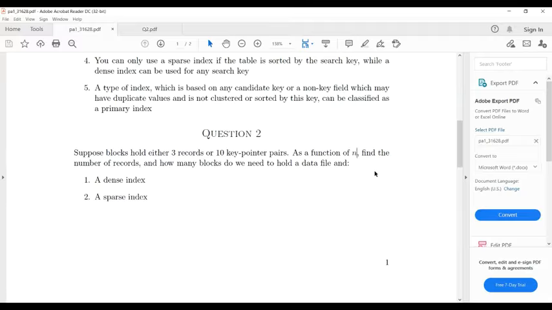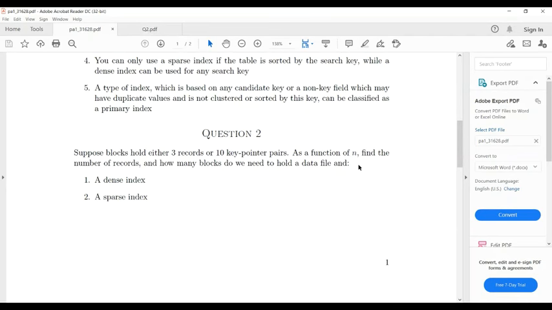How? Consider that the total number of records n is equal to 15, and the page holds up to 3 records. Then we will need 15 divided by 3, so 5 pages to hold those 15 records.